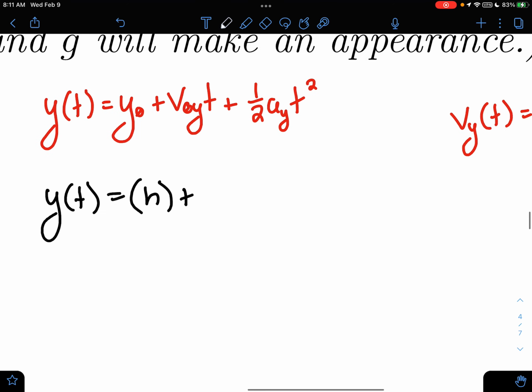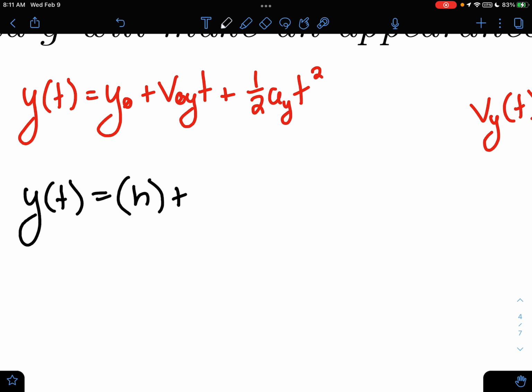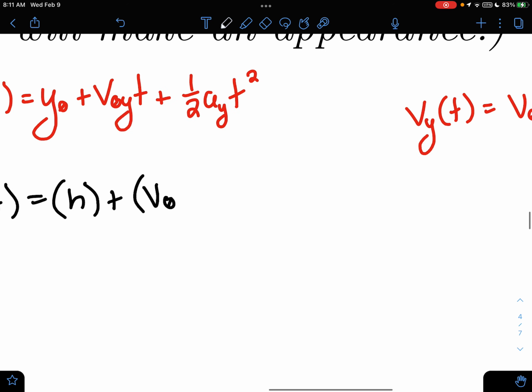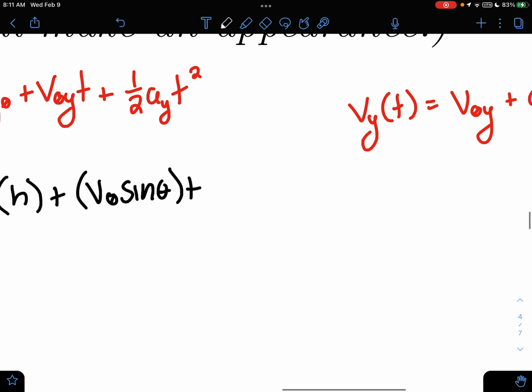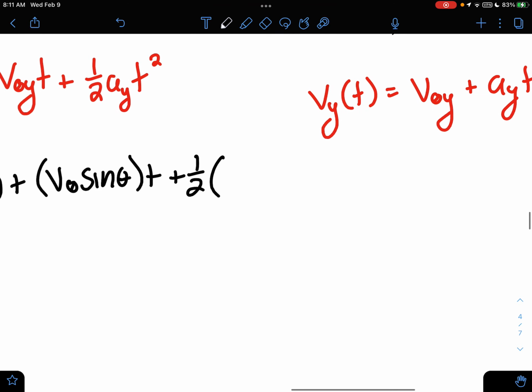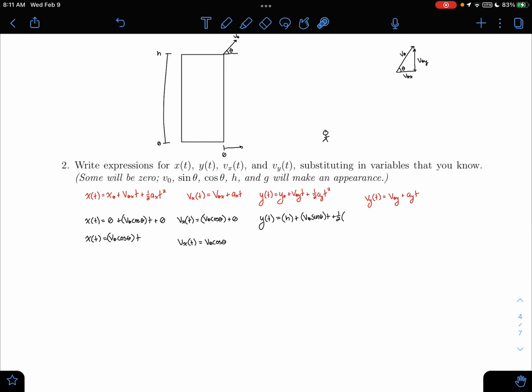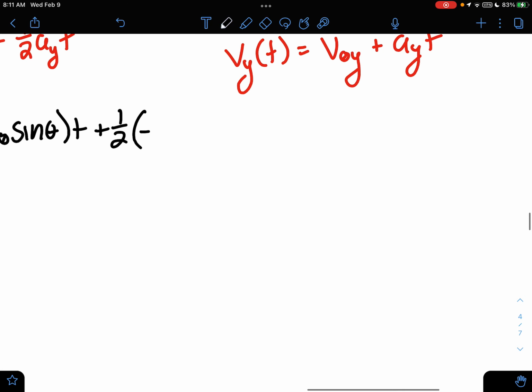I'm going to keep the coordinate system up is positive, right is positive. Which means that I'm going to have a v0 sine theta times time, plus our 1/2 acceleration. Our acceleration is gravity, and I said that down is negative, so it's going to be a negative g t squared.